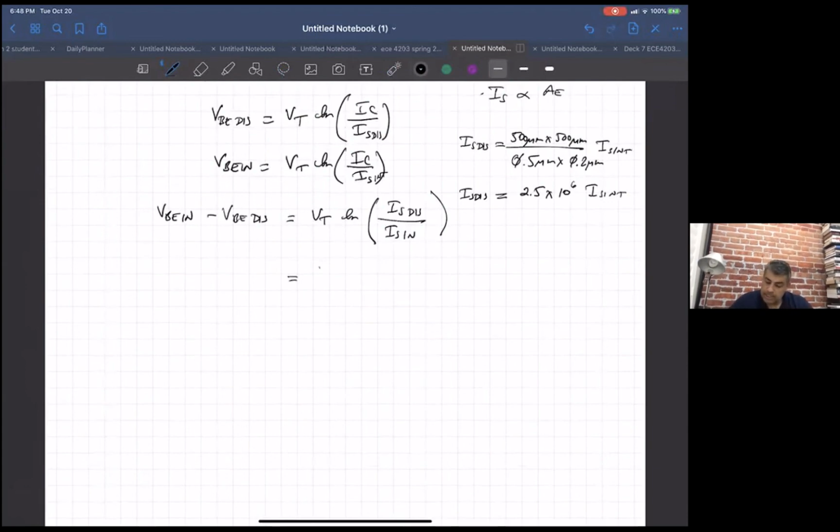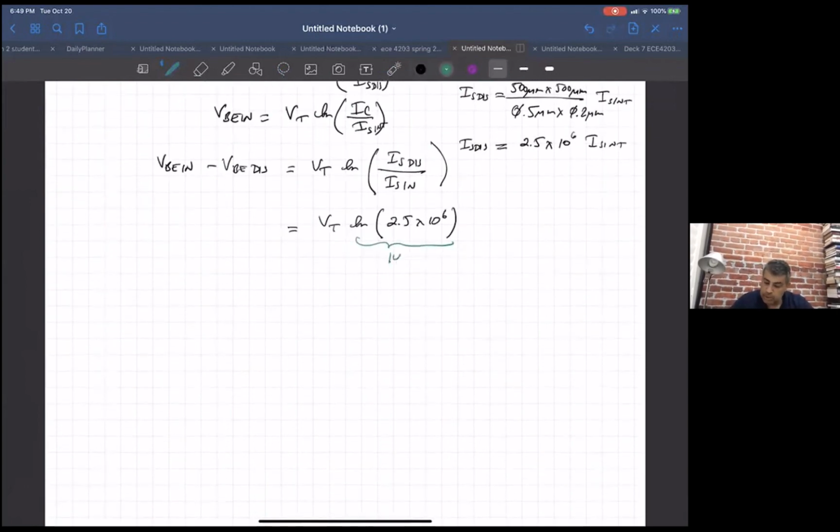Seems like a lot, it is. So natural log of 2.5 times 10 to the sixth. Now the thing is, we have a natural log here, so that ends up being only 14.7. Times 26 millivolts, this is roughly 380 millivolts.